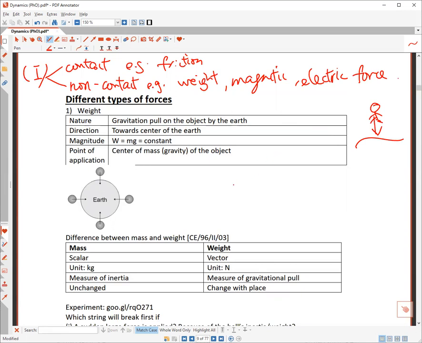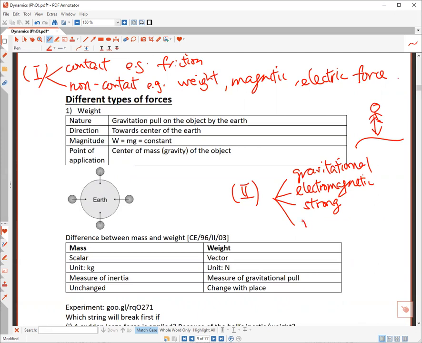The second classification of forces: all forces can be classified into four different types. The first one is gravitational, and then electromagnetic, a strong nuclear force, or just call it strong force, and then weak nuclear force.